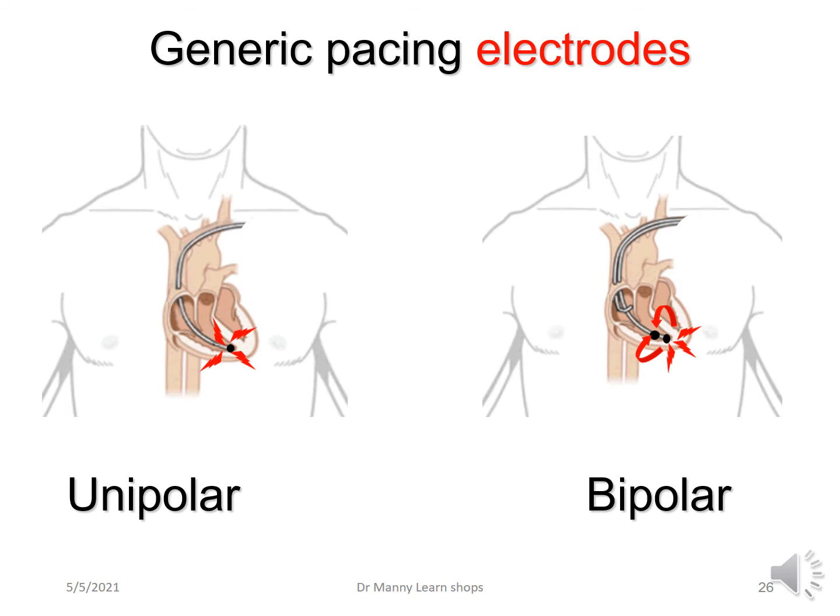Unipolar from 1 point, bipolar from 2 points. Unipolar depolarize and stimulate the myocardium. Bipolar do both. Depolarize and stimulate the myocardium and sense inherent myopotentials.